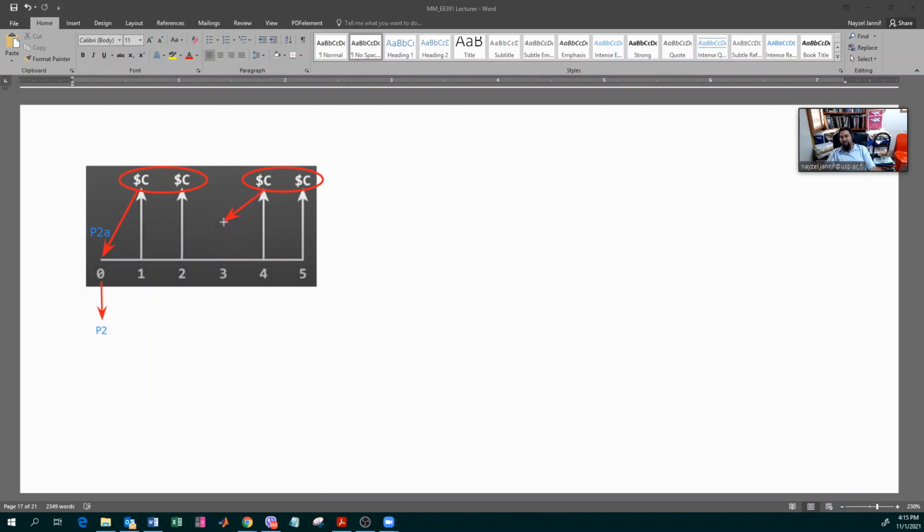Why position 3, guys? Well, because whenever you do a P given A, it discounts to the place immediately before. All right. So that will be, let's call that P2B.